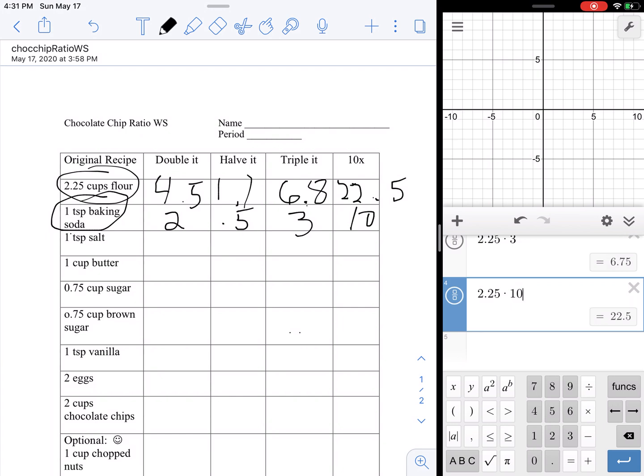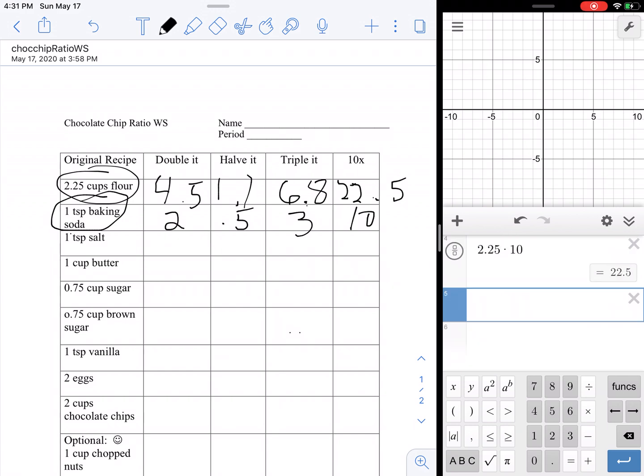How about, let's drop down, let's do one other one here. Let's say 0.75 cups of sugar. Okay, if we're going to double the amount of sugar, we would go, let's go over here on the right hand side, 0.75, and we're going to double it times 2, gives us 1.5 cups of sugar.